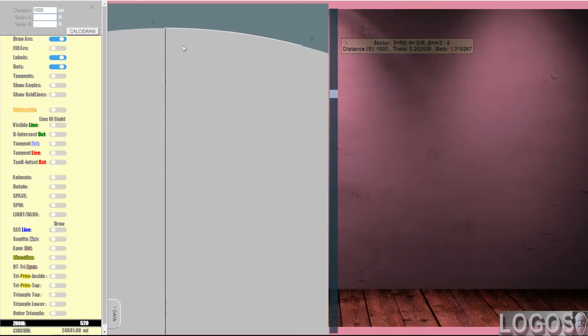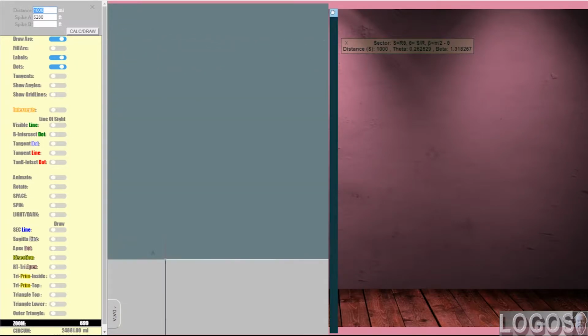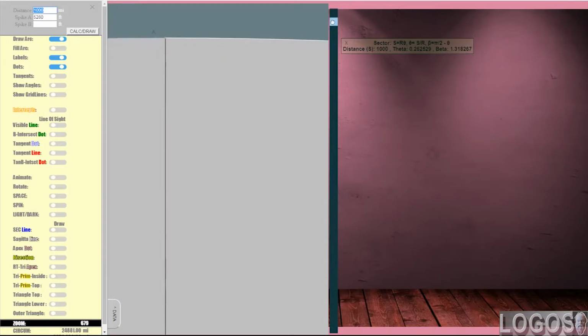So let's put in, now this is feet. Spike A is going to be the height of whatever's standing at A. So let's make it 1 mile high. So you can see it. See, that's a mile high. And because this is to scale, that's a mile right there. But now we're missing the other 10 miles, or 1,000 miles.